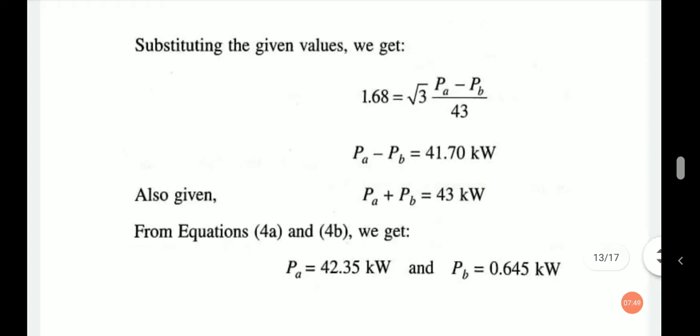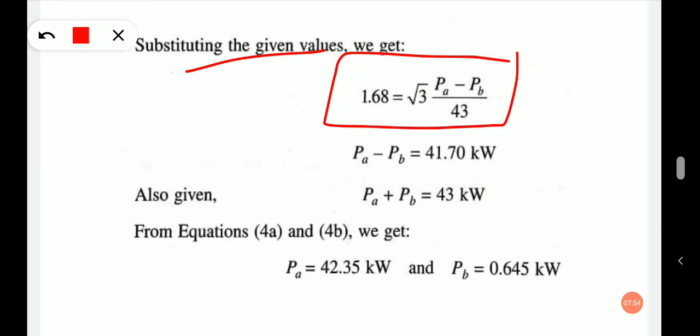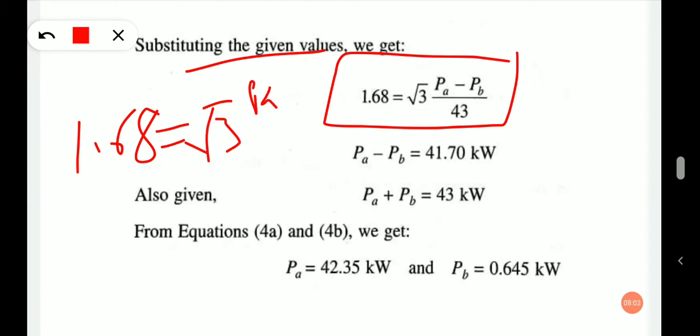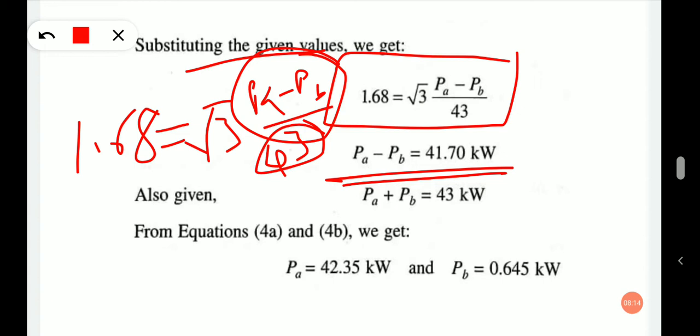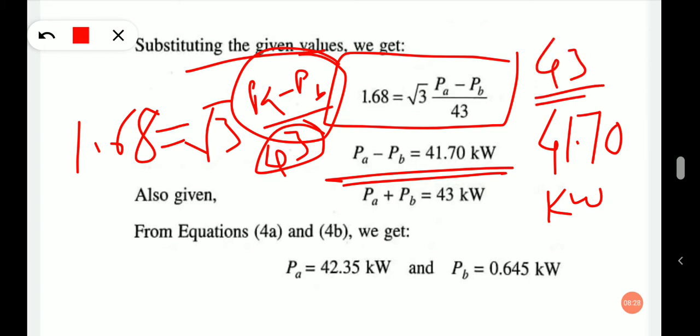If we substitute the values, we get tan phi equals 1.68, and PA plus PB is given as 43 kilowatt. So we will get PA minus PB as 41.70 kilowatt, and PA plus PB is given as 43 kilowatt.